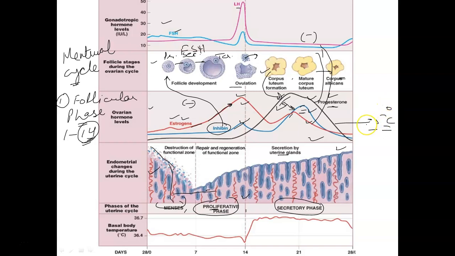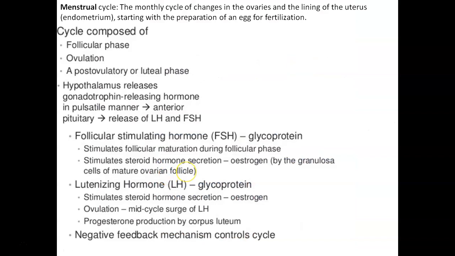Temperature is high because of the high progesterone level. So I think the phases of the menstrual cycle are clear. If something has been missed, you can see in the slide all the main points of the phases written here: follicular phase, ovulation phase, and post ovulatory, that is the luteal phase, where progesterone is secreted. So these three.